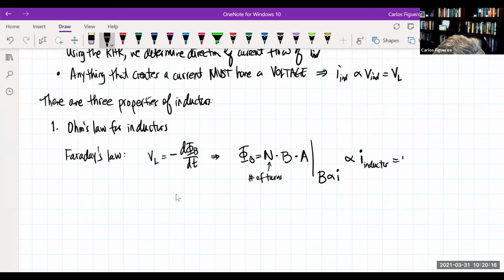And what do we call the inductor current? IL. So there's a proportionality constant. Let me write it over here. So there must be a proportionality constant.